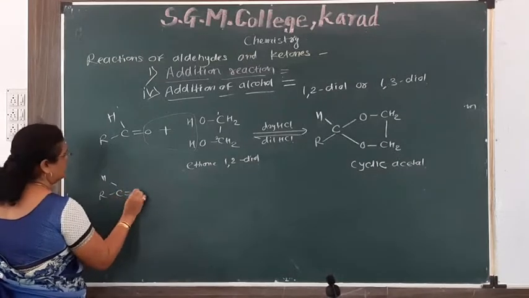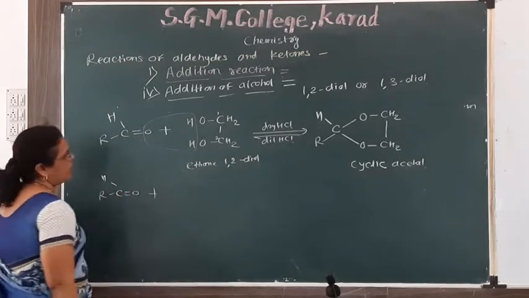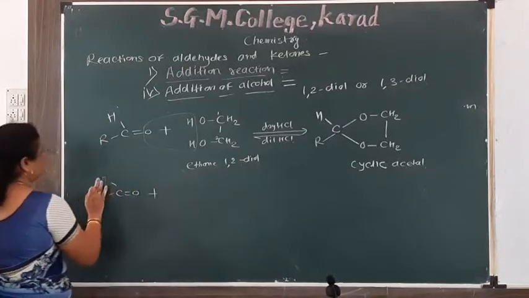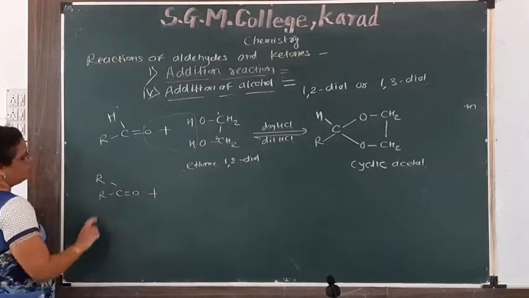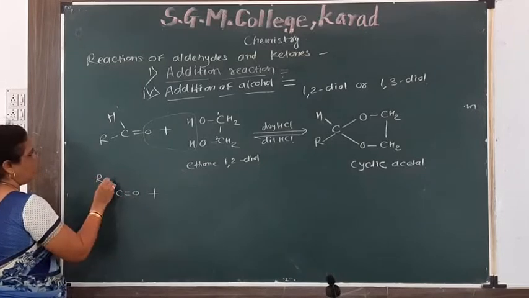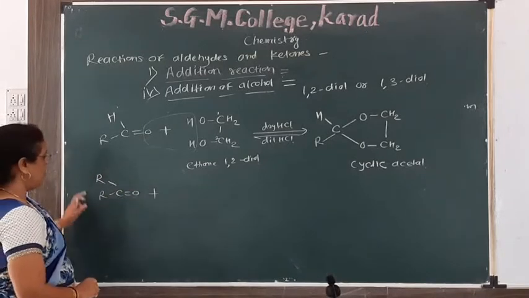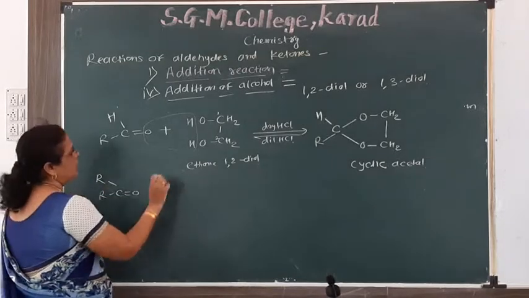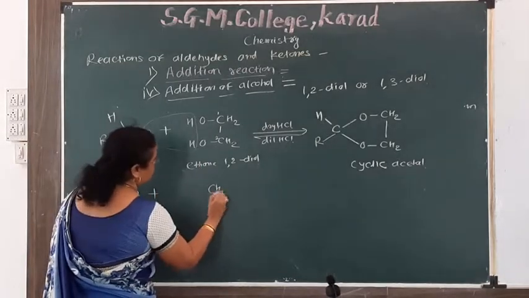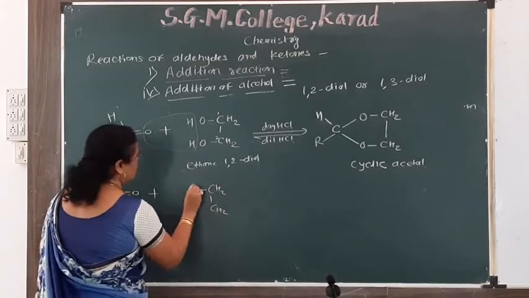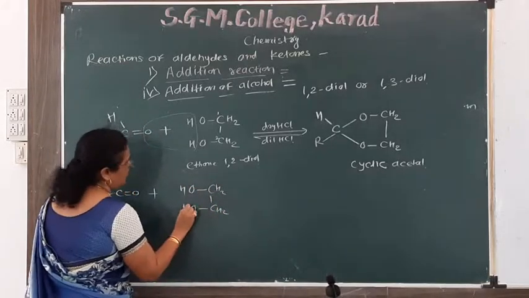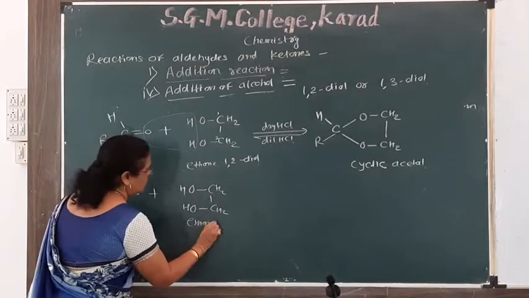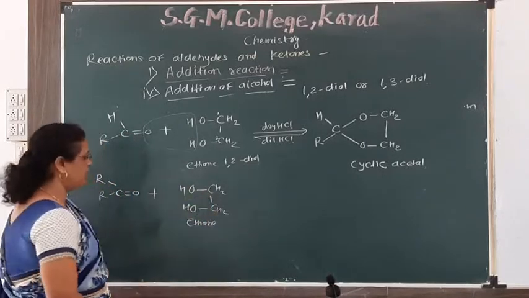Then in case of ketone, RCHO treated with ethane 1,2-diol. Here H is replaced by R, RC=O R'. This is the general formula of ketone, means treated with CH2OH, means ethane 1,2-diol. 2 carbon atoms, therefore ethane.